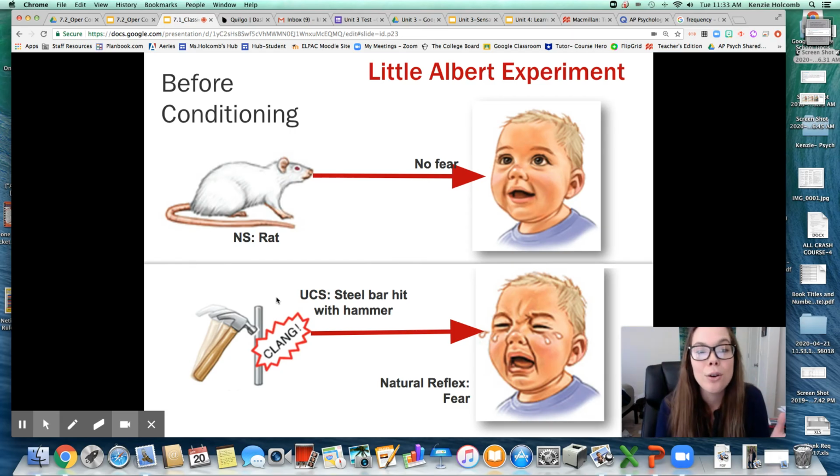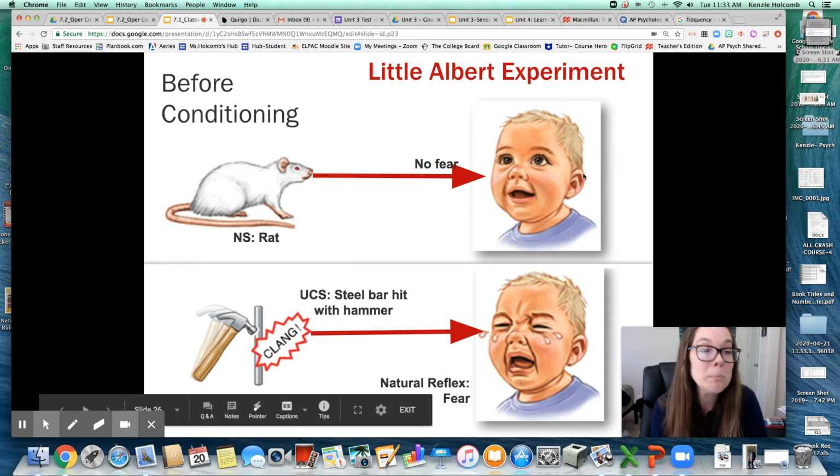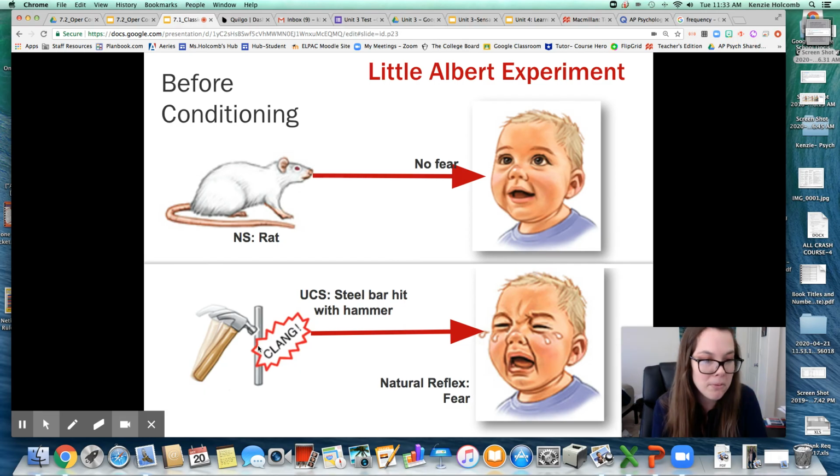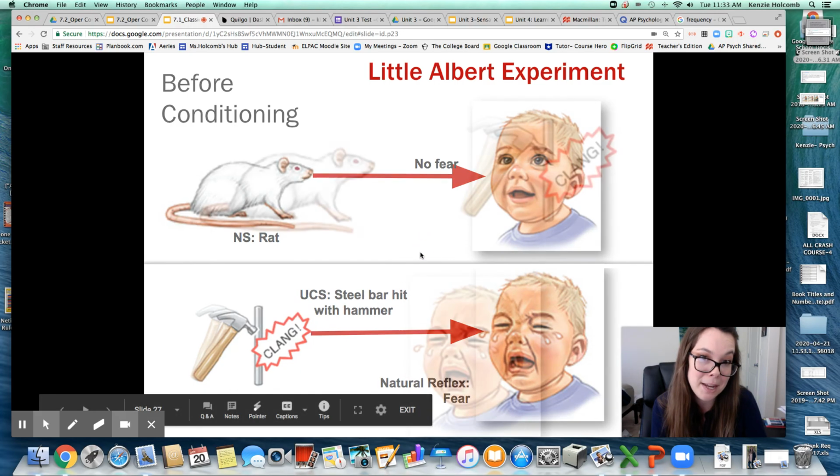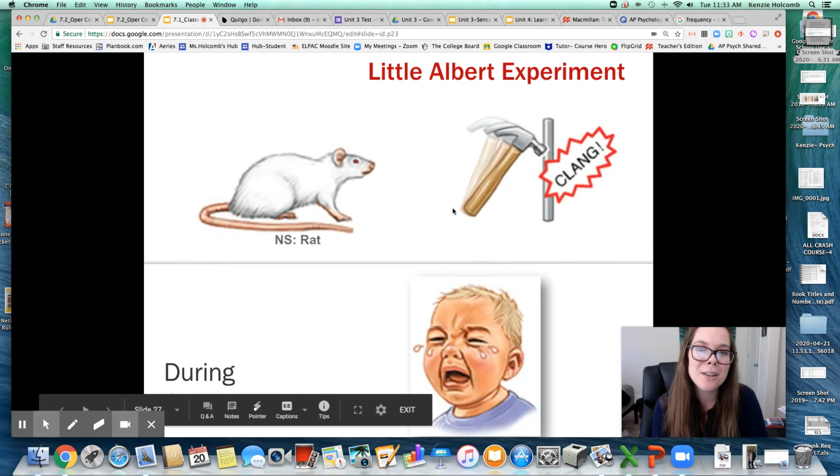And now we can start to see where this is going. His natural response to a rat, he loves them. Natural response to a loud clanging, fear. Let's see what happens next.